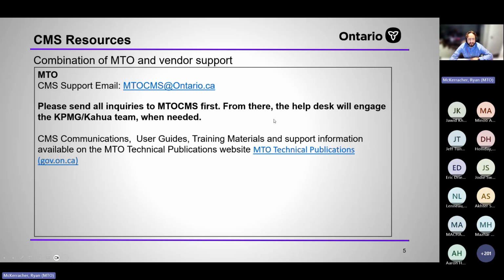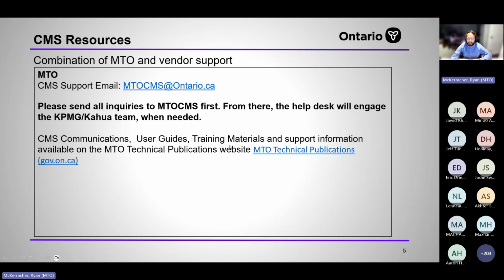We also have CMS updates that come out periodically, issued by our team with helpful information, tips, tricks, updates, new apps, new bugs that we've encountered, bug fixes that we've accomplished, whatever information we find is valuable to the user. We issue to every licensed user in CMS. So if you have access to CMS, you will receive this update via email.